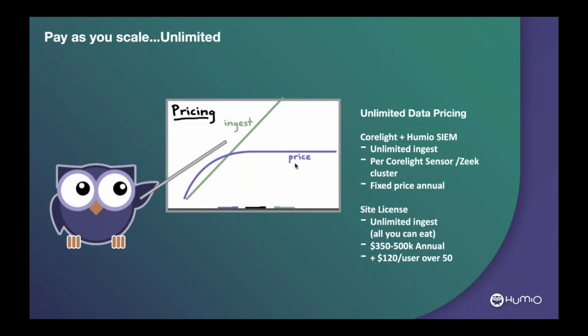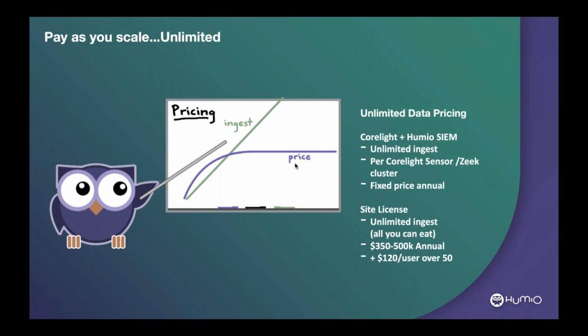At certain scales, it doesn't make sense to count how much log volume you're going to ingest, because it's going to keep growing, or you're trying to capture all the network data, or any number of reasons why your infrastructure is growing or becoming complex. So we created a fixed price site license model, which allows you to have an all-you-can-eat license at a fixed price, so no matter how you scale your logging, you don't have to worry about your log ingest.